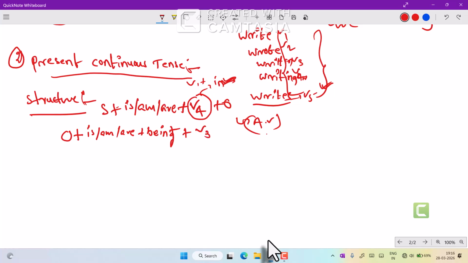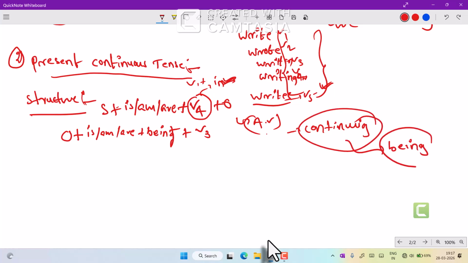Now you just see, whenever any work is in continuous form, which is continuing, we have to add being. I told you in the class but maybe you have forgotten: we have to add being. Now for example, let us take an example and understand this.